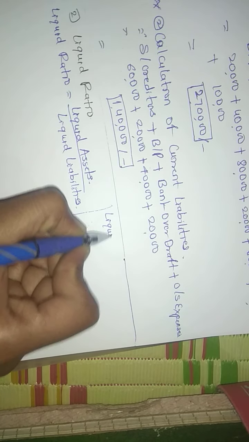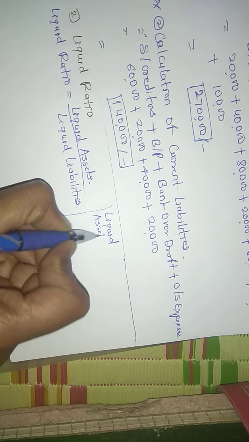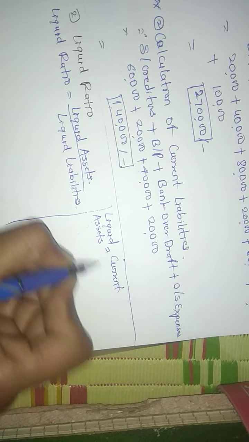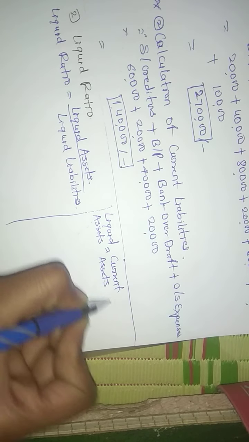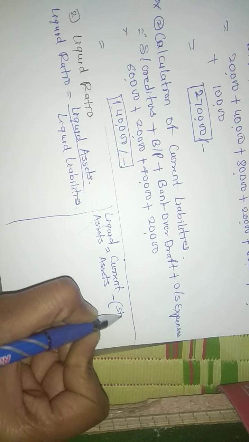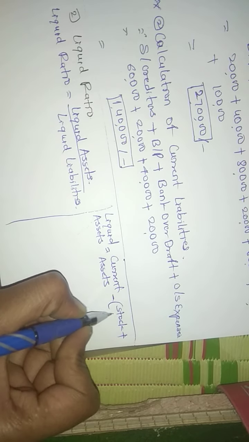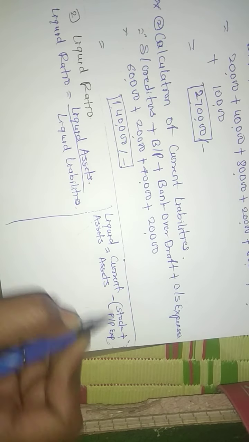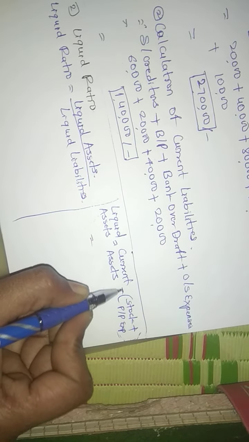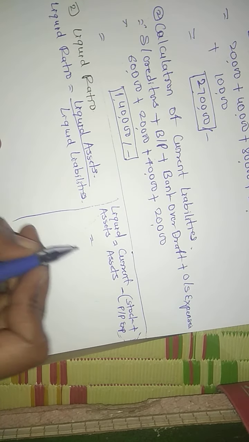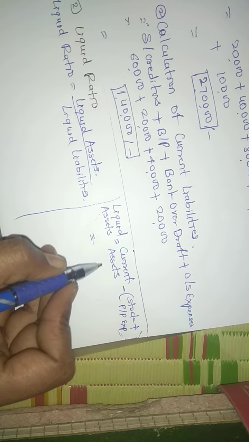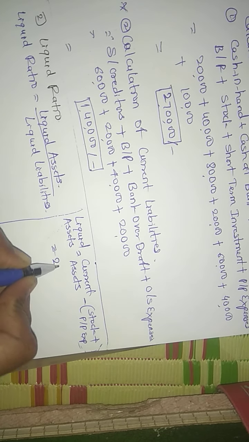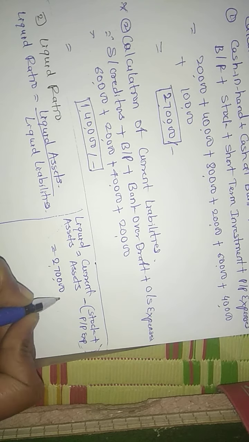So liquid assets equal to, the formula is current assets minus stock plus prepaid expenses. Okay, from the value of current assets, if you deduct stock and prepaid expenses, you get the value of liquid assets. So the current assets value is 2,70,000. So we put this amount here as 2,70,000 minus.